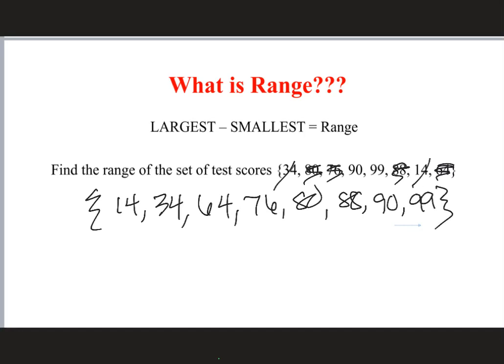So I want the range. Okay, smallest or biggest, which is 99 minus 14. Okay, so 99 minus 14 is 85. Okay, so there are 85 numbers between my smallest and my biggest.